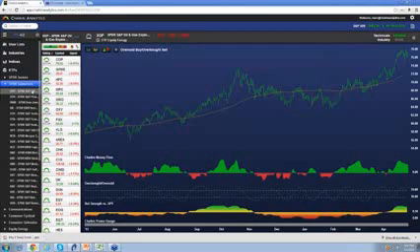So if you click on XOP, which is the S&P Select Spider ETF, you see a chart of that ETF with the relative strength line, and you see that just recently in mid-April the relative strength went from negative to positive, and now you've gotten price acceleration, and these are where the market leaders are.